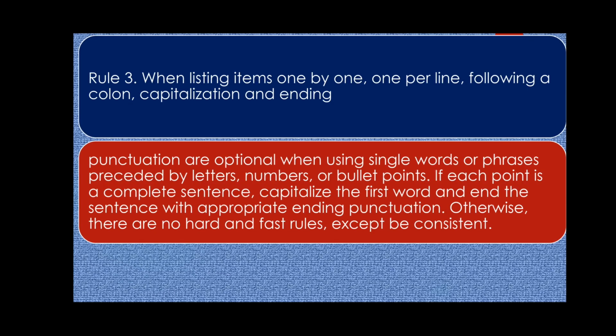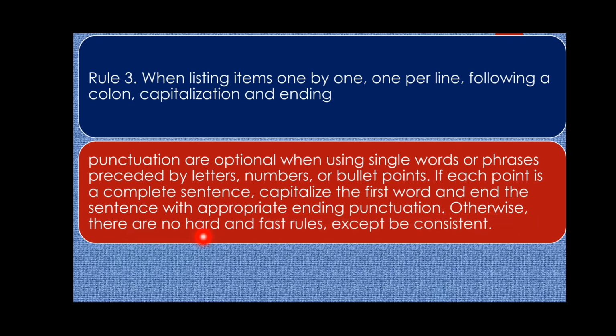Now rule number 3 for colon. When listing items one by one per line following a colon, capitalization and ending punctuation are optional when using single words or phrases preceded by letters, numbers, or bullet points. If each point is a complete sentence, capitalize the first word and end the sentence with appropriate ending punctuation.